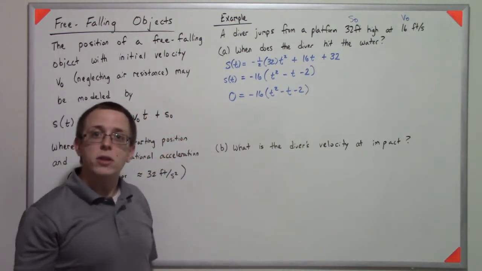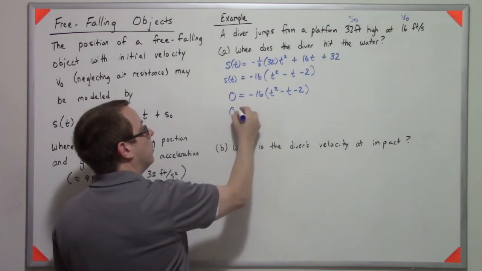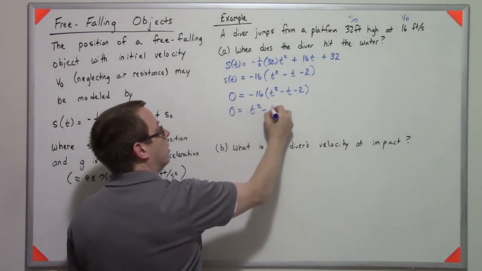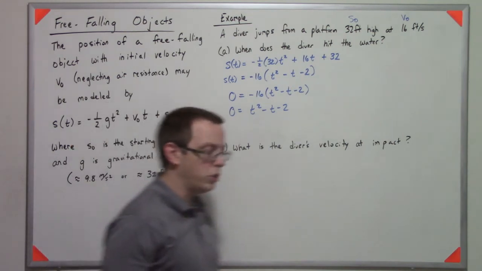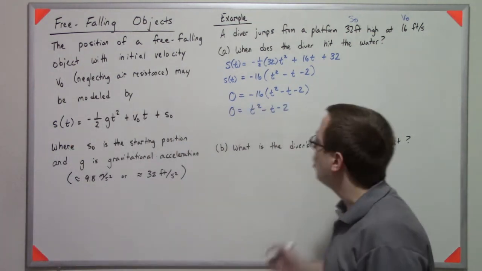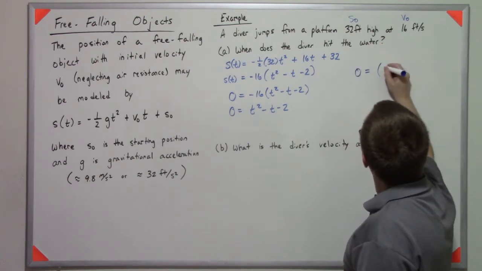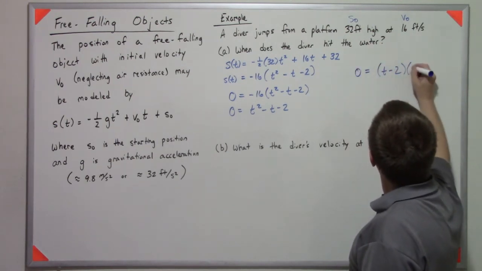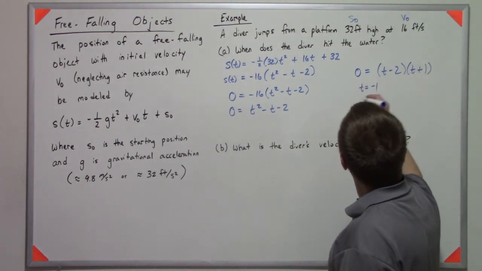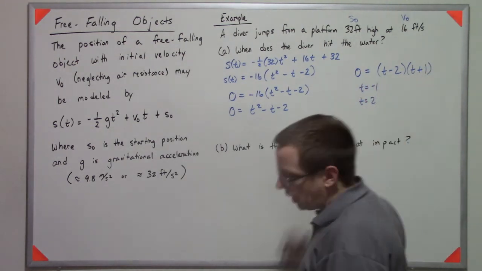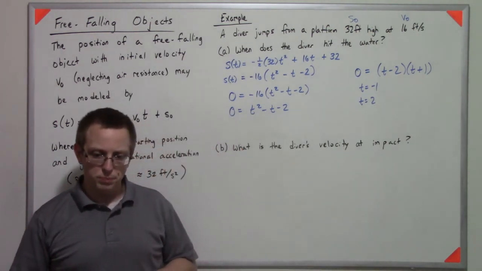Since that's factored, I can divide both sides by 16. Then I have to solve this equation, which I can do with the quadratic formula, or I could factor it. That gives me two answers, t equals negative 1 and t equals 2.